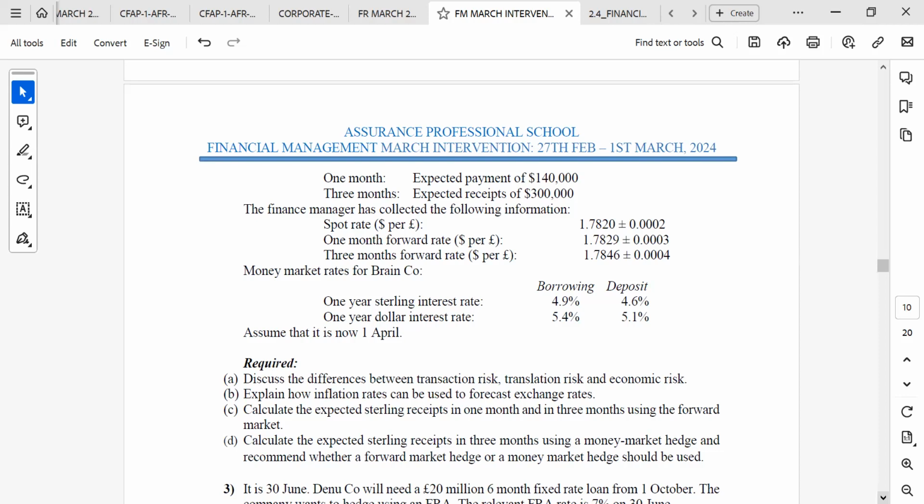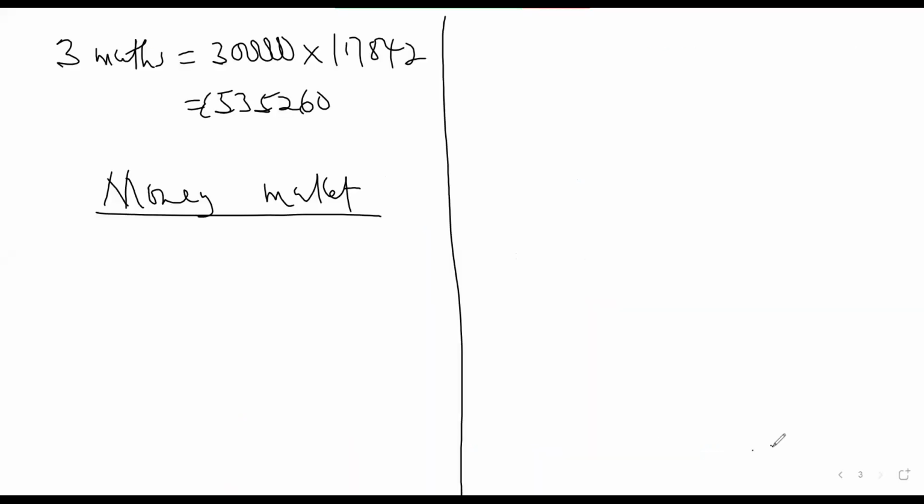It's also very simple. Who is receiving the money? The company. The company is receiving 300,000 in how many months time? 3 months time.